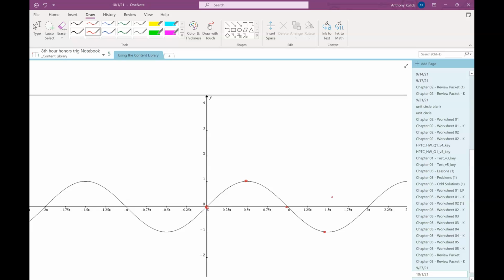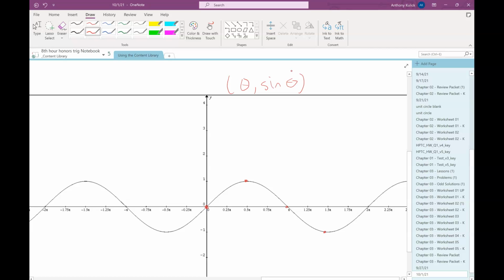But this is what the graph of sine looks like. And I could just generate this by plotting stuff from the unit circle, right? The angle measure with the corresponding value for sine are my x and y's, right? So basically the points here are (theta, sine theta).